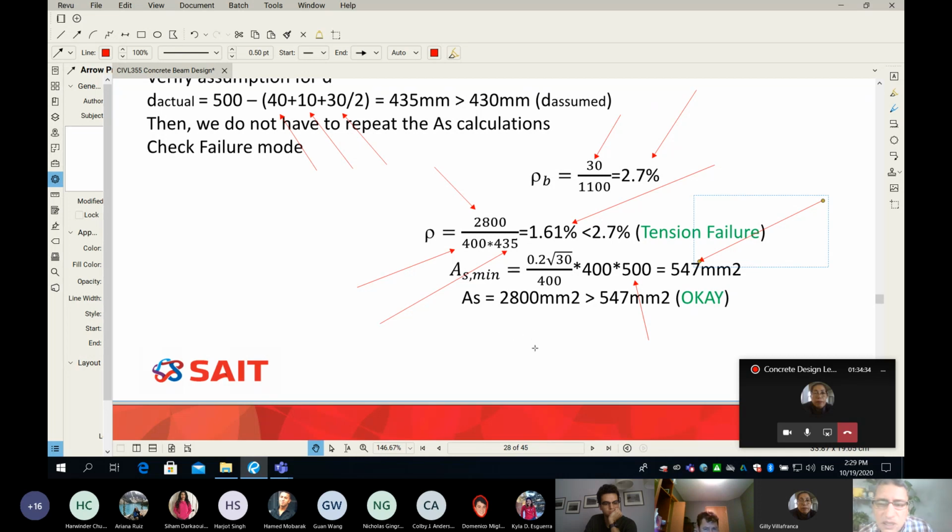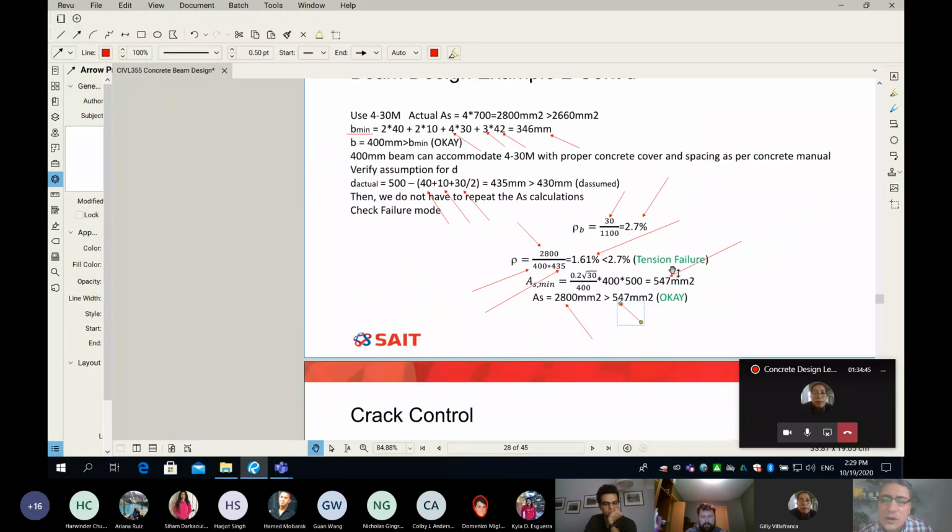Yes, we're okay, because we're adding 2800, and the minimum is 547. It means we are above the minimum. So finally, we are above the minimum, below the maximum. It means life is good. It means my design is fantastic. Done.